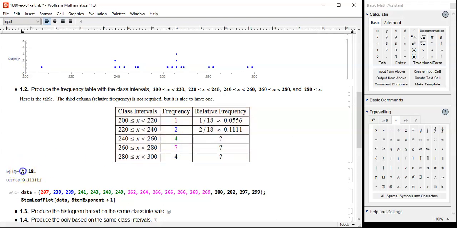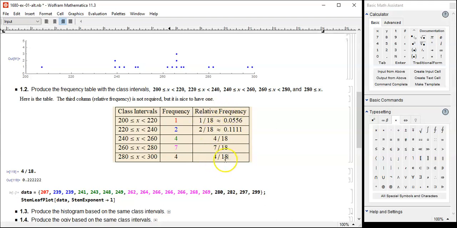Next, 4 out of 18. Okay, and you get the picture. 7 out of 18. And then this one is 4 out of 18 again.